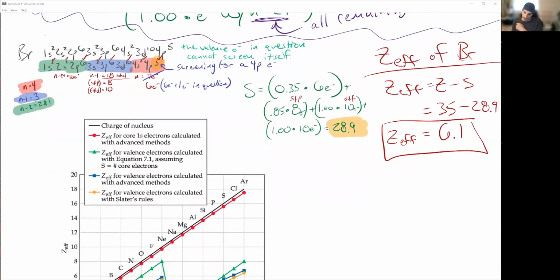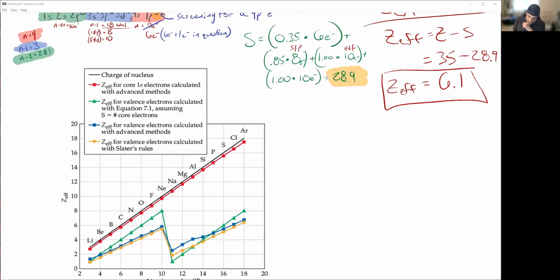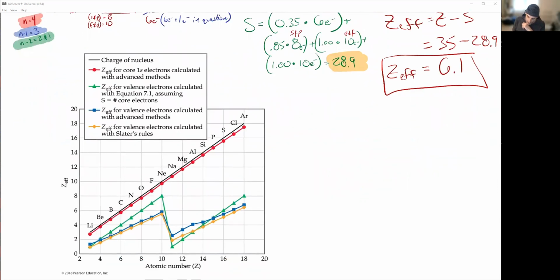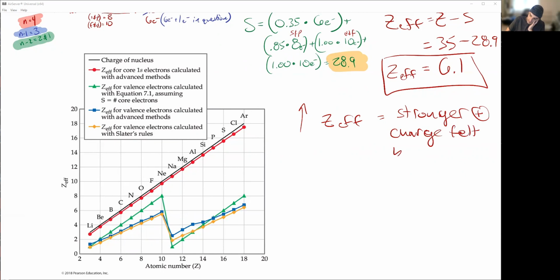So what does this actually mean? What we ultimately see is an increase in Z effective equals a stronger positive charge felt by outer electrons.